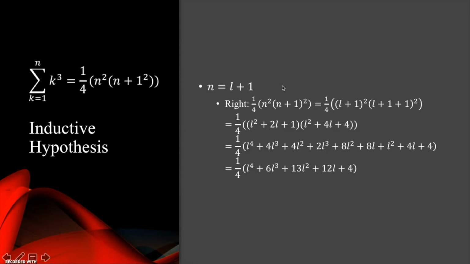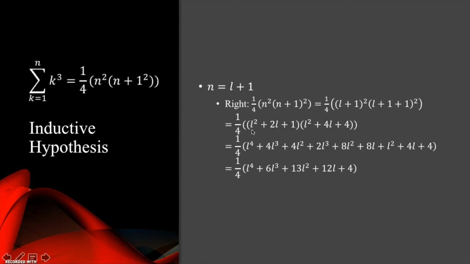We also need to plug in L plus 1 for n in the right-hand side, but the only thing we need in this situation is calculations. If we plug in L plus 1 for n, we get 1/4 times (L plus 1) squared times (L plus 1 plus 1) squared. And L plus 1 plus 1 equals L plus 2. So if we multiply the L plus 1 twice and L plus 2 twice, this is what we get.